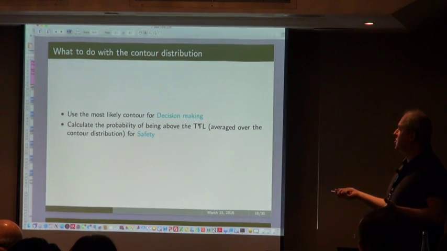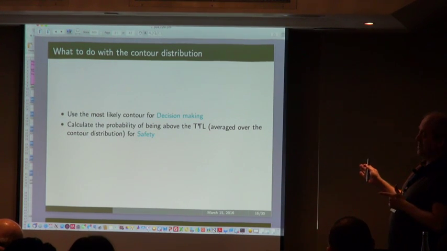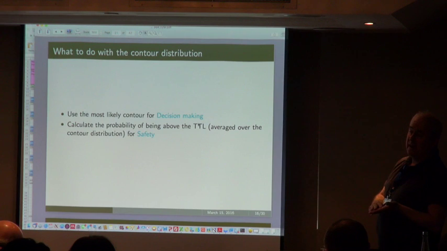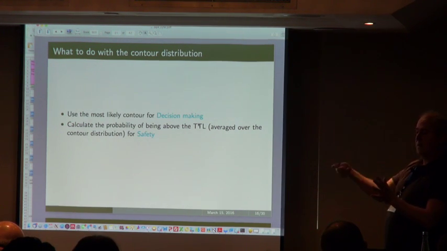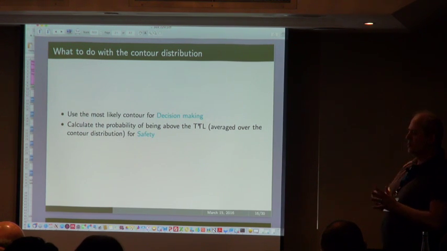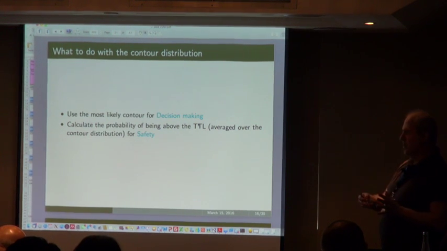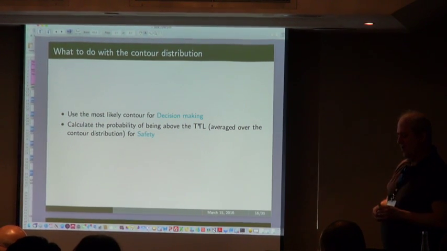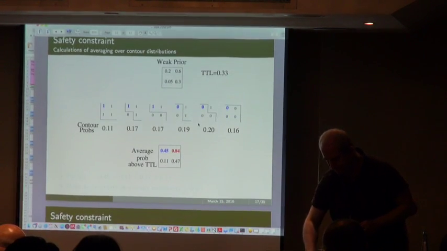When we did this work in the paper, we picked the modal estimate, i.e. the most likely contour, and then focused on where to pick doses conditional on that. We also use the contour distribution for safety, using a sort of averaging over the contour distribution, which I'll describe in the next slide.